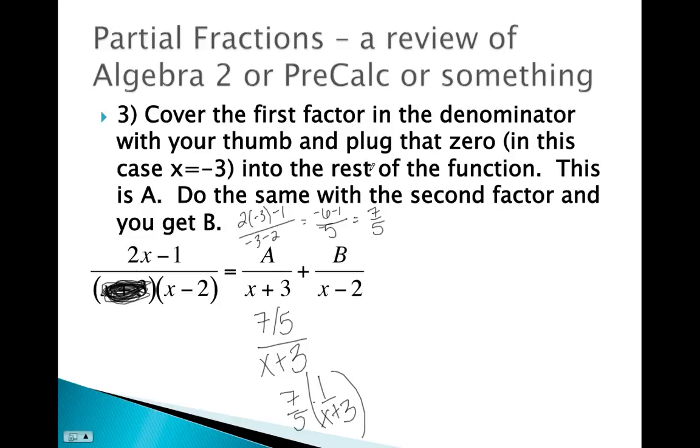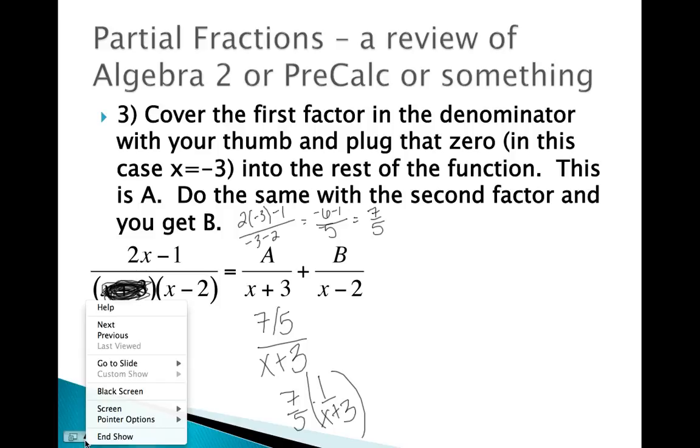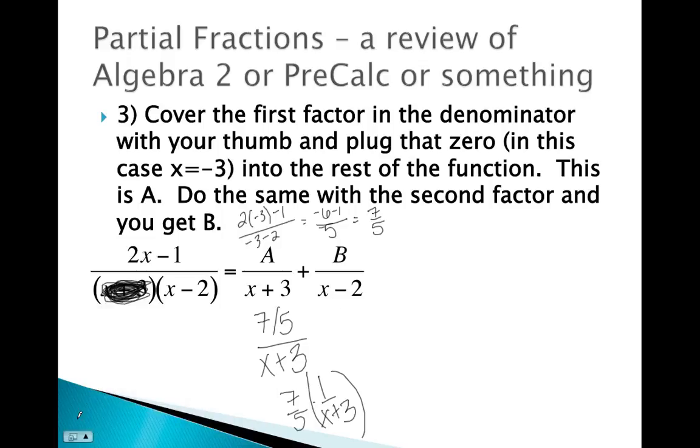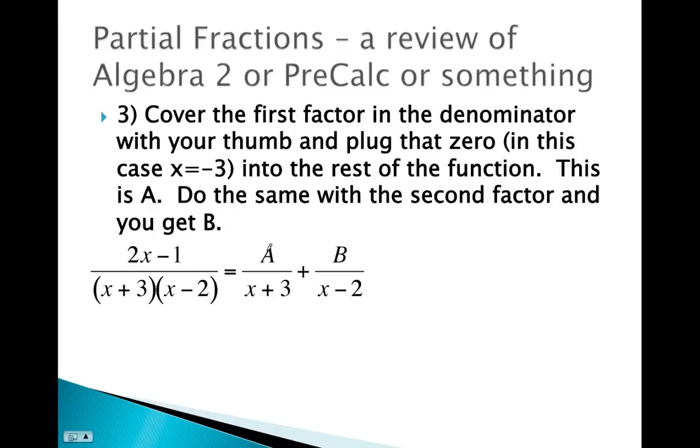You do the same thing with B. So I need to clear this ink off of the screen. I don't know how to do that. Let me just clear it. So A was equal to 7/5. For B, I take its factor, x minus 2, and I cover it up with my thumb. And I ask myself, hey, what made that 0? 2.